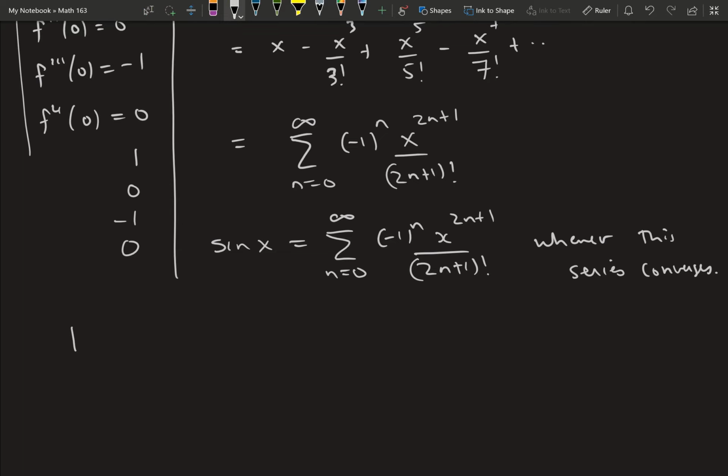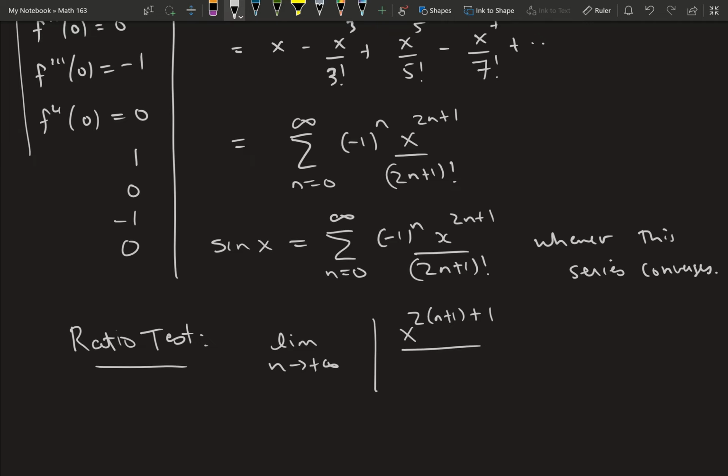So we again use the ratio test to find the interval of convergence. So we're going to have the limit as n goes to infinity of the n plus 1th term. And remember, with the absolute value sign, I don't have to worry about the negative 1s here. I'll have x to the, if I replace n with n plus 1, 2n plus 1 plus 1 over 2n plus 1 plus 1 factorial times 2n plus 1 factorial divided by x to the 2n plus 1.